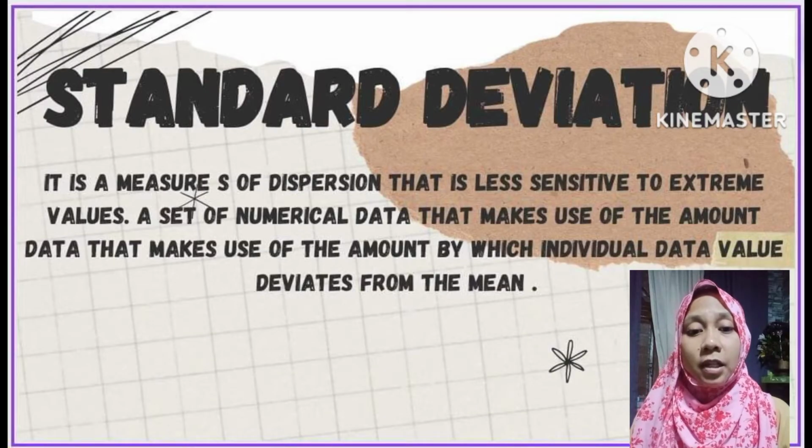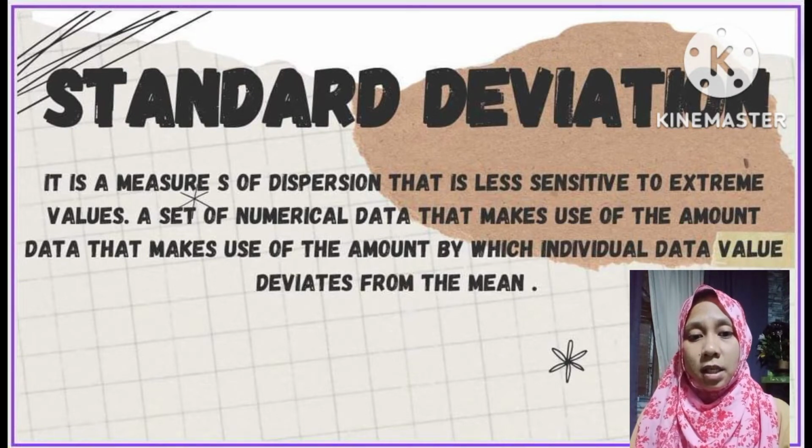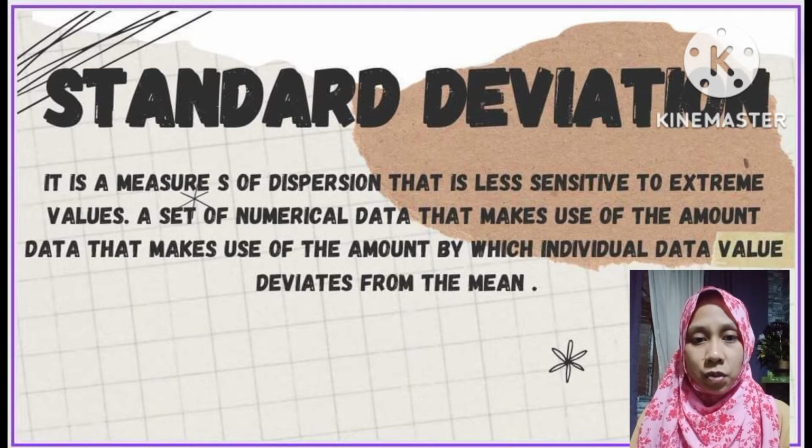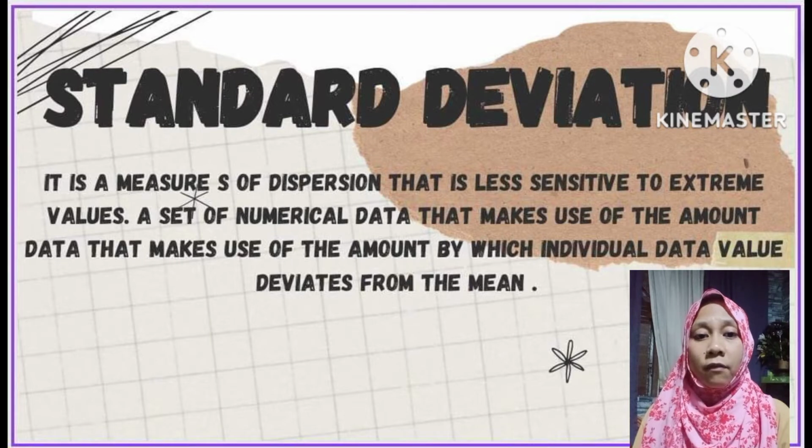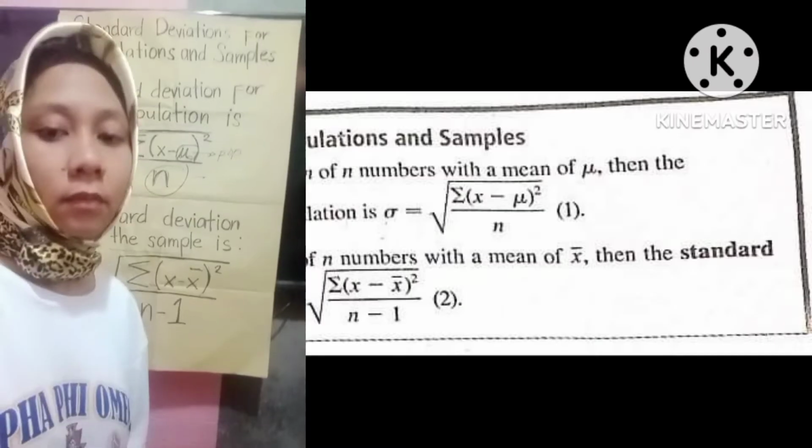Second is the standard deviation. What is standard deviation? In statistics, it is a measure of dispersion that is less sensitive to extreme values, a set of numerical data that makes use of the amount by which individual data values deviate from the mean.